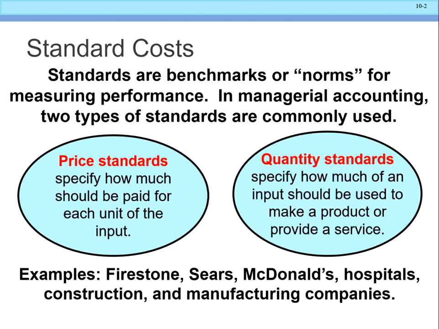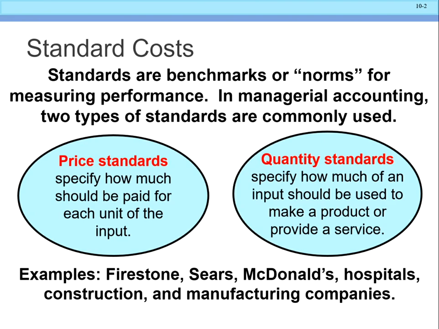Then, of course, we are interested in matching whatever we planned to pay per unit. Is it what we actually paid when the final actual production takes place? If not, then we need to look at what the difference is, and that difference is what we call a variance.